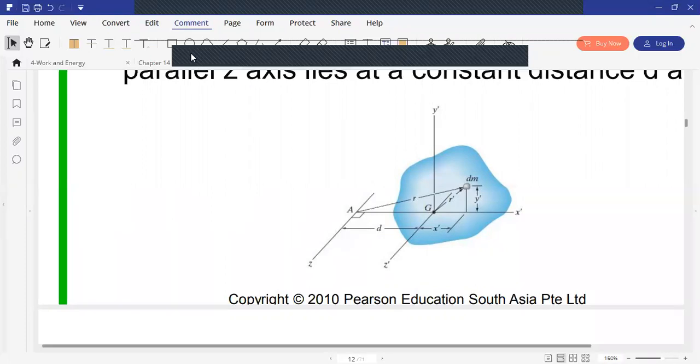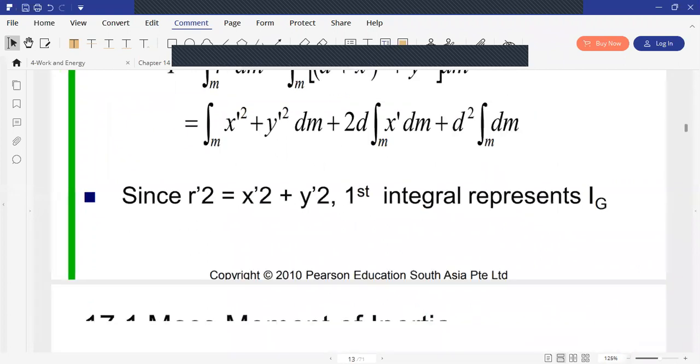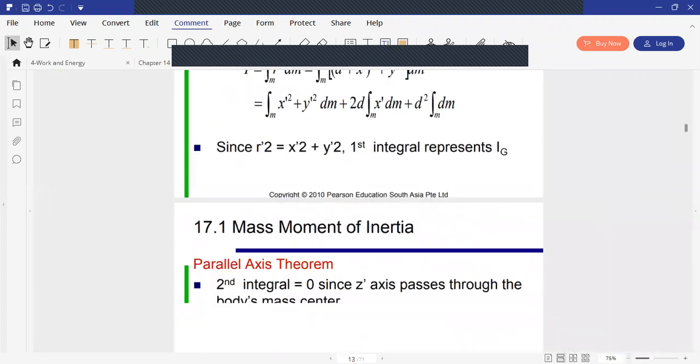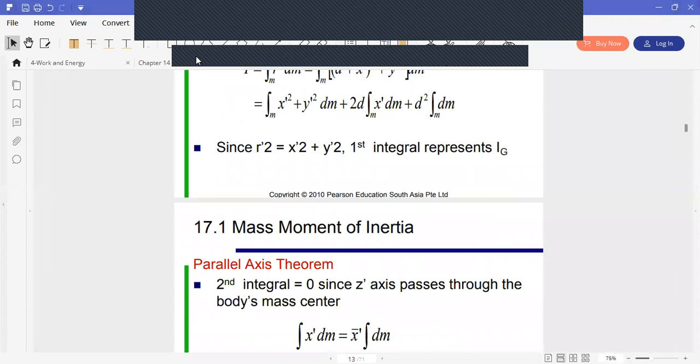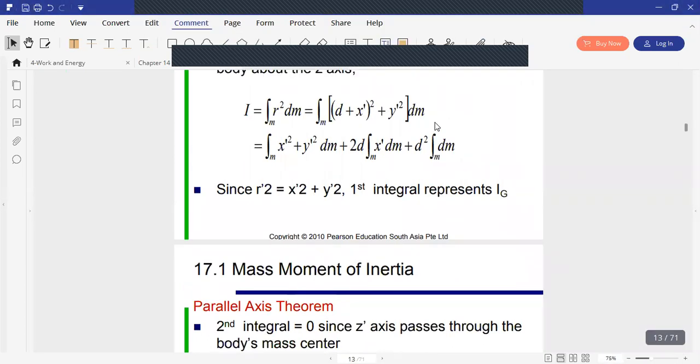So what will happen with this second term, integral x prime dm? It will cancel out. And it will only cancel out if G is the origin of the frame.